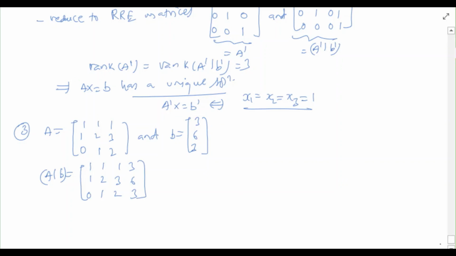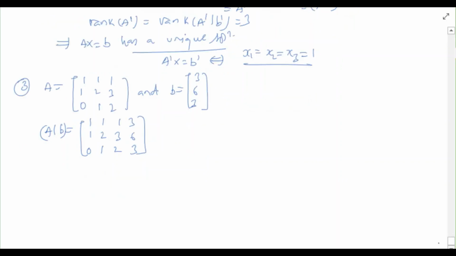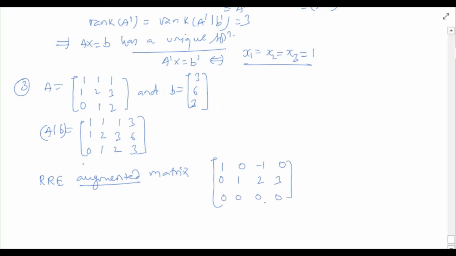Now if we apply a series of elementary row transformations, we get a reduced row echelon augmented matrix: 1 0 minus 1 0, 0 1 2 3, 0 0 0 0.